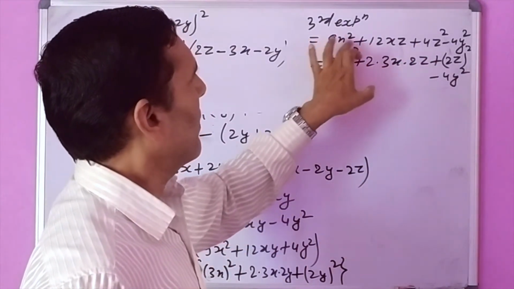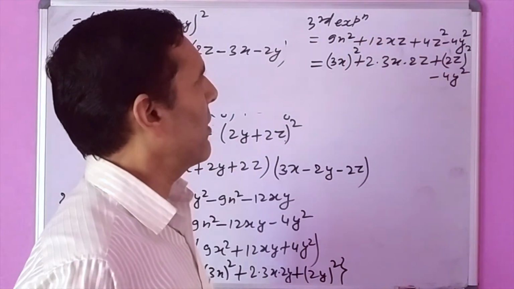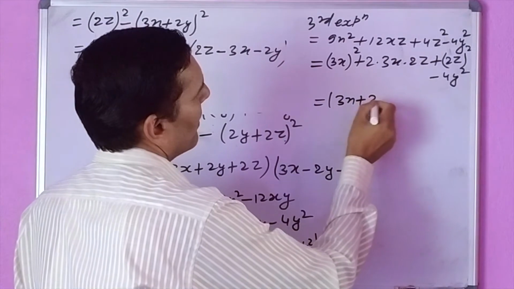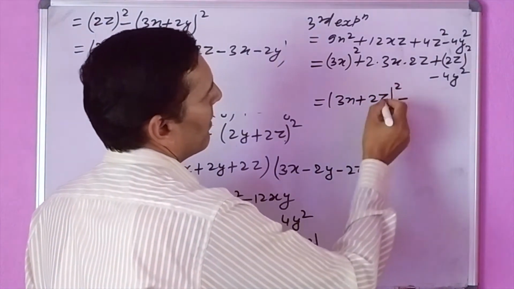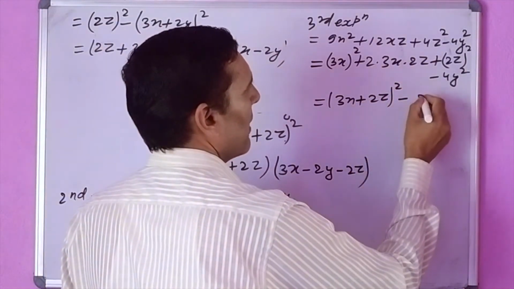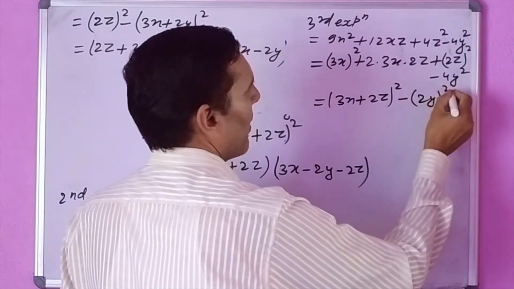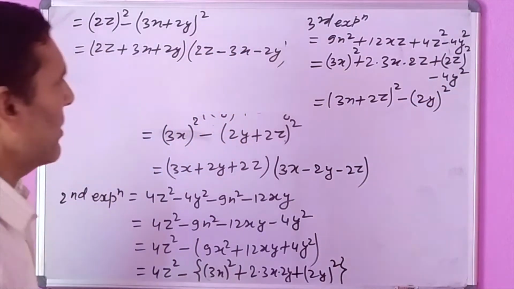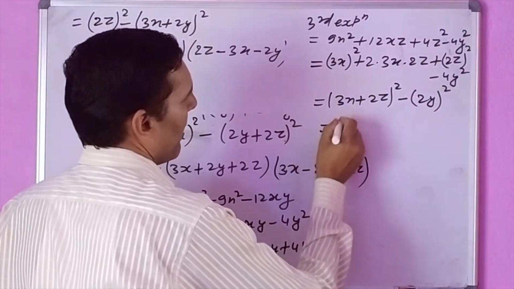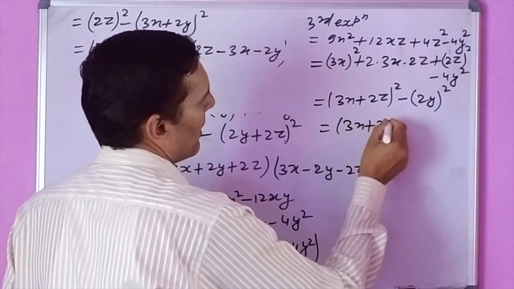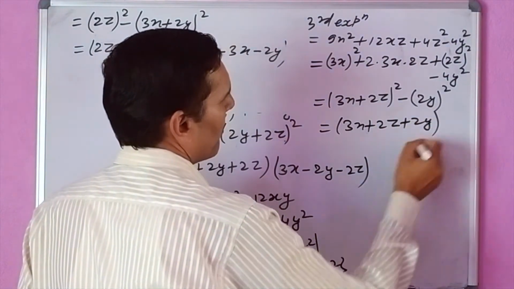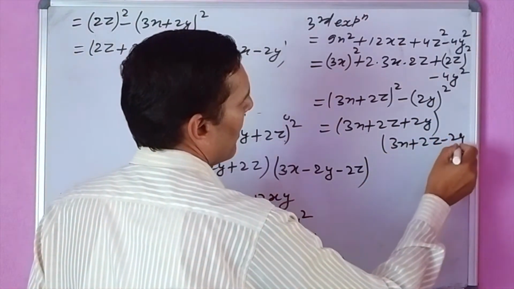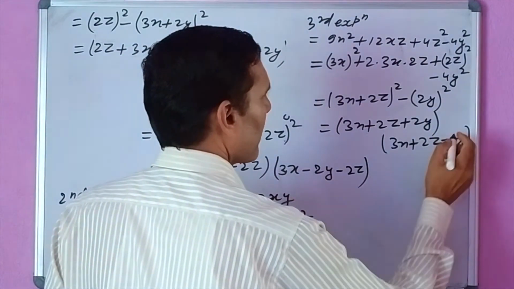So this is the square of 3x plus 2z, and the last term 4y square is square of 2y. So finally it is also in the form of a square minus b square. So a plus b times a minus b: 3x plus 2z plus 2y, a plus b, and 3x plus 2z minus 2y, a minus b.